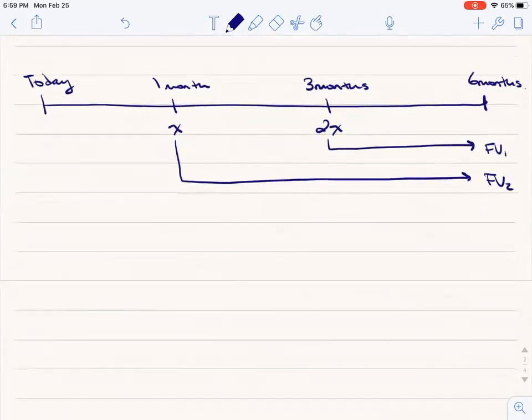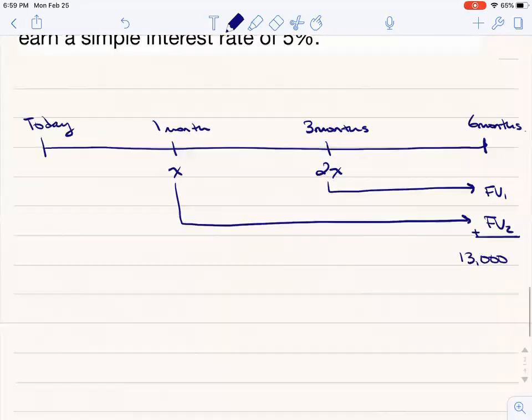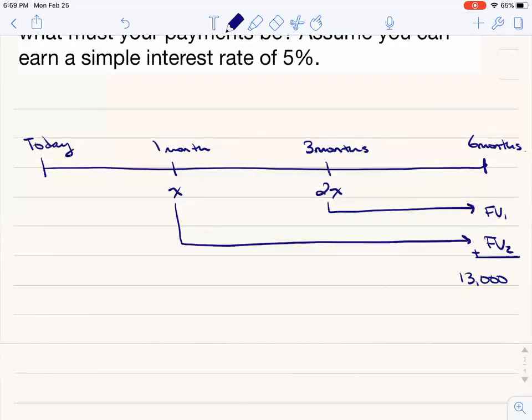So these future values have to add up to 13,000 because that was our goal. Same idea, I'm going to put the time on each of these arrows so I can keep track of them.